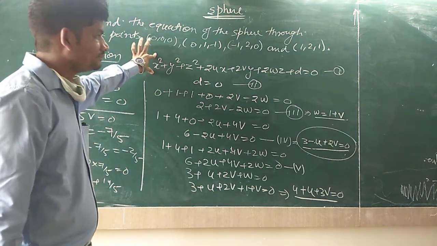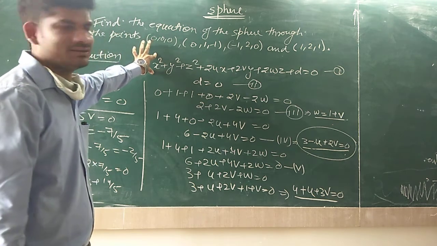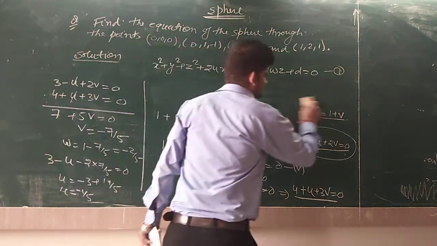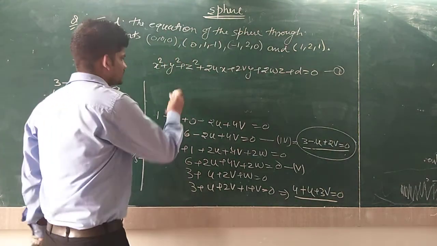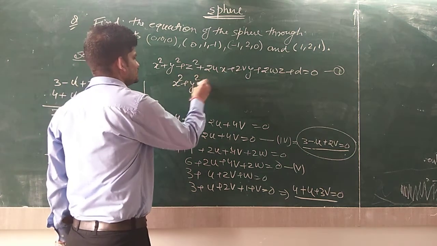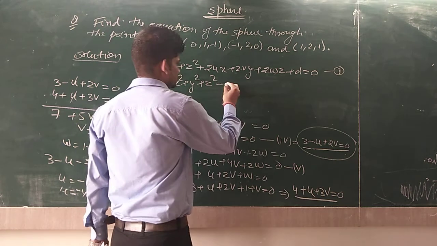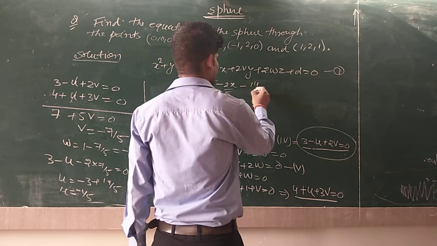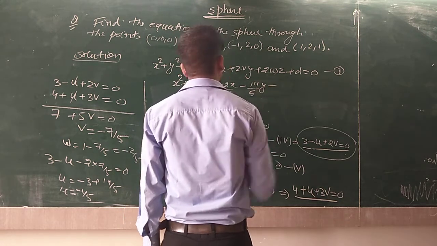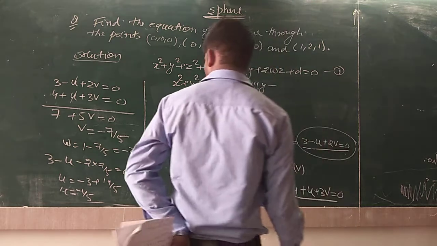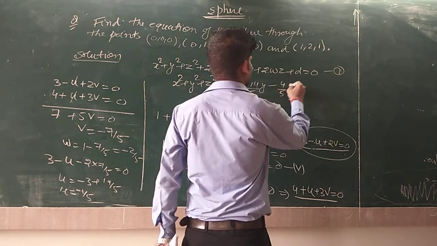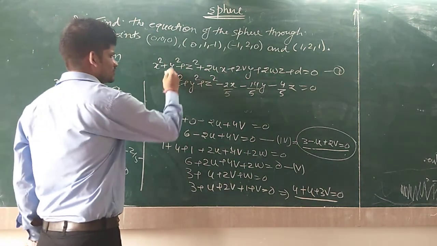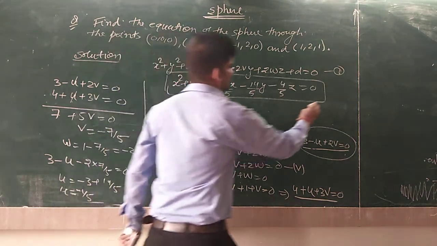Putting the values of u, v, w, d in equation number 1, the equation is x square plus y square plus z square minus 2x upon 5, minus 14y upon 5, minus 4z upon 5, equal to 0. Then multiplying by 5, this is the equation of the sphere. This is the answer of this problem.